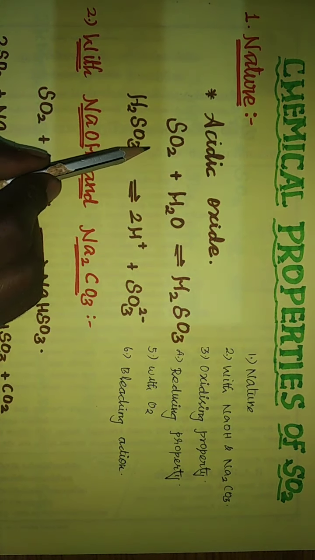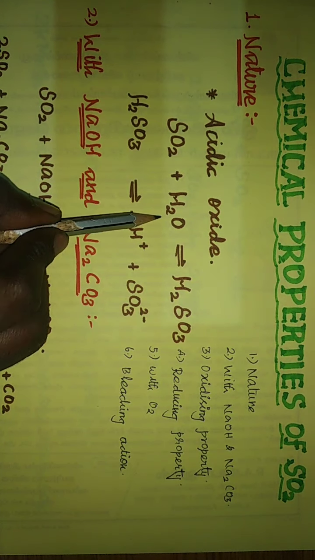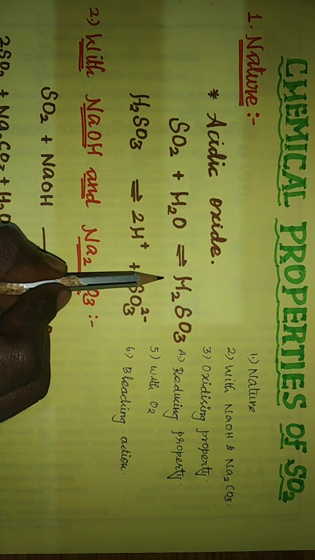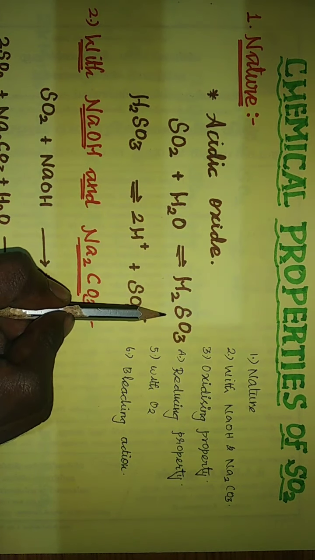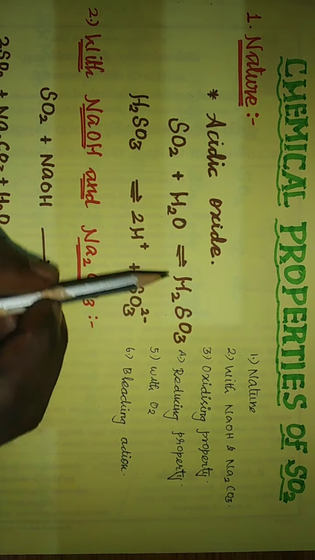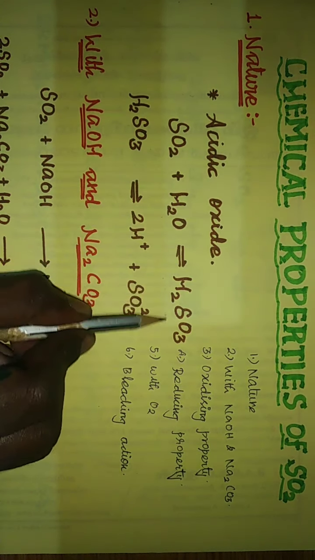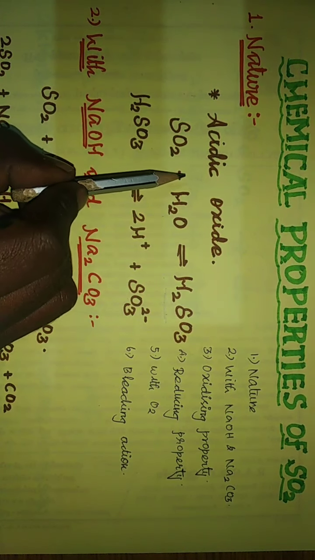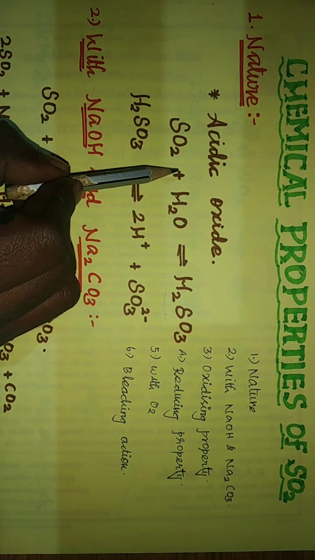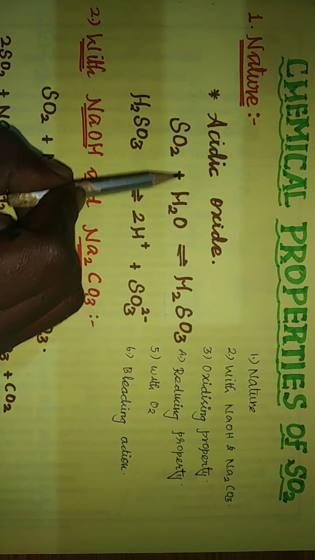When sulfur dioxide reacts with a molecule of water, it forms sulfurous acid. The formula for sulfurous acid is H2SO3. As a result of this reaction, we get an acid as a product, so we can say that sulfur dioxide is acidic in nature, and it is called an acidic oxide.